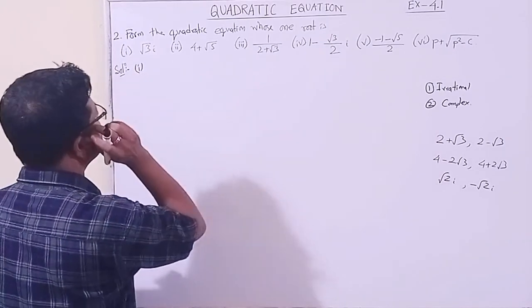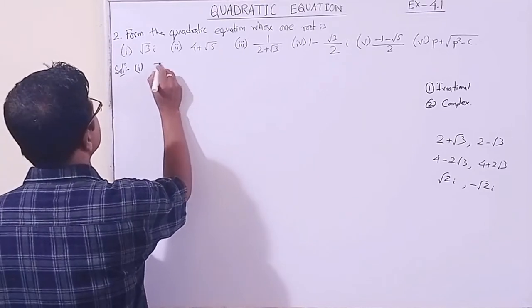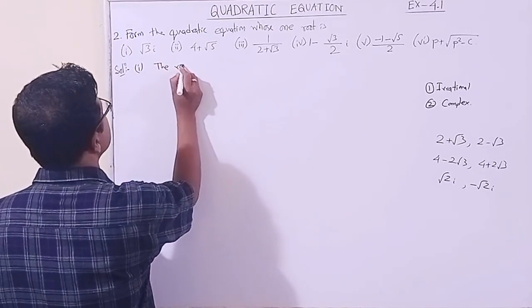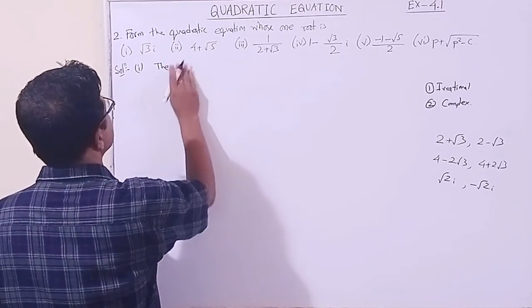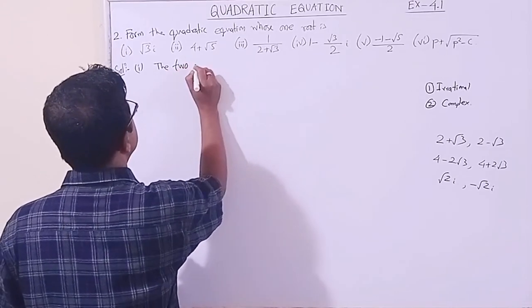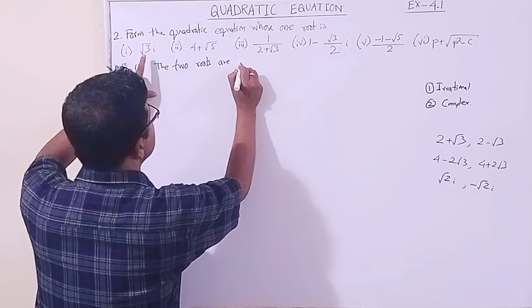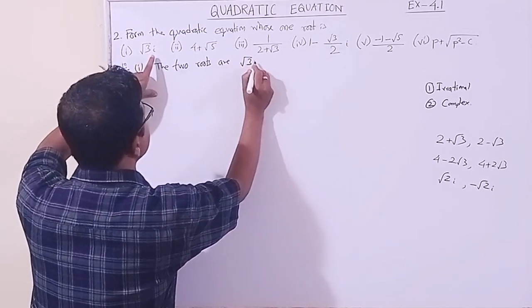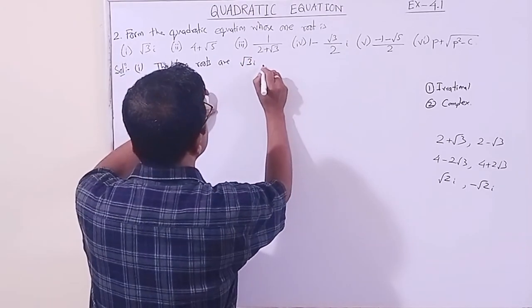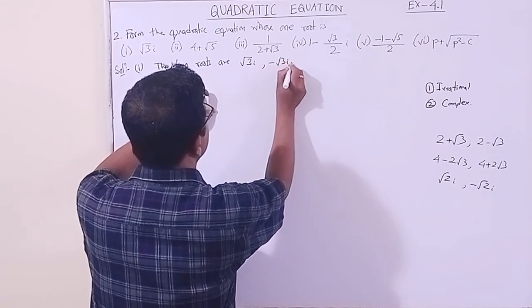Let us solve it. Okay, here the two roots are: one is root 3i, so what is the other one? The other one is minus root 3i.